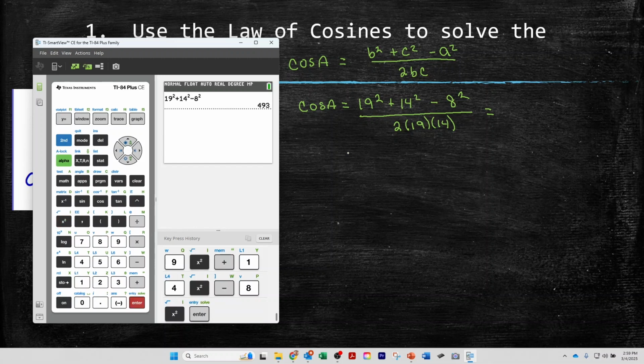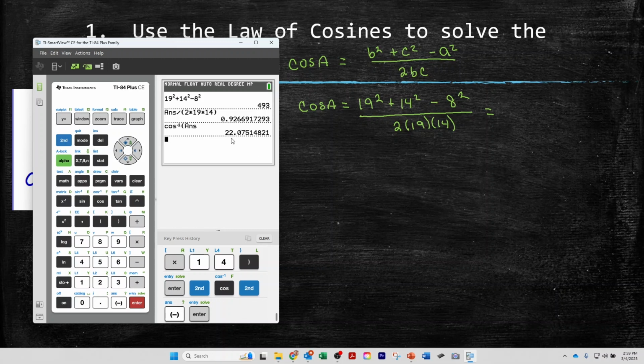And then take that value and divide it by 2 times 19 times 14. And you get 0.92. And so now arc cosine of that value is 22.07 degrees. Let's go ahead and make that 22.1 degrees.